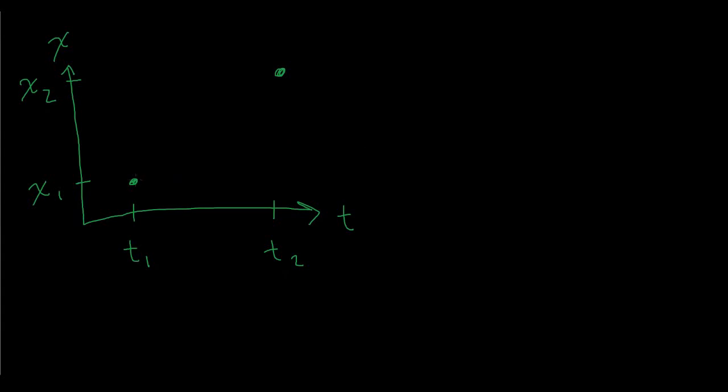And how do we find the path that minimizes the action? Well, first off, let's say we knew which path minimized the action, right? Let's call this path x bar of t. And x bar, this is just notation. The bar is just notation. x bar of t is the path that minimizes the action.